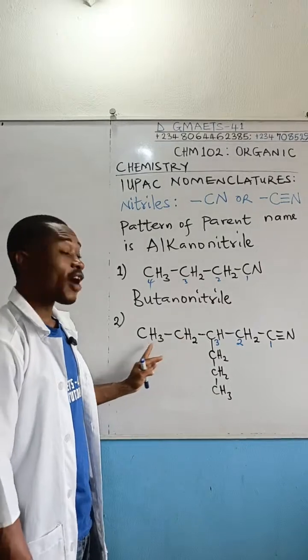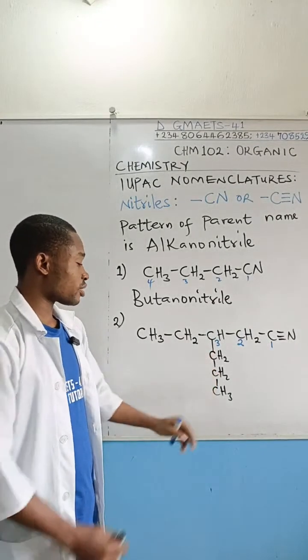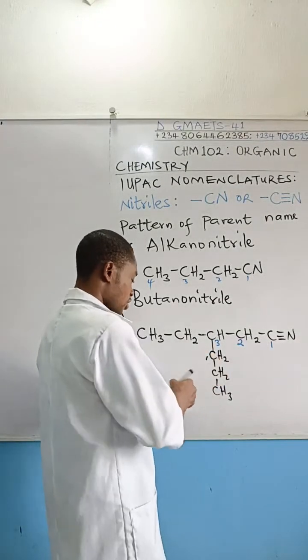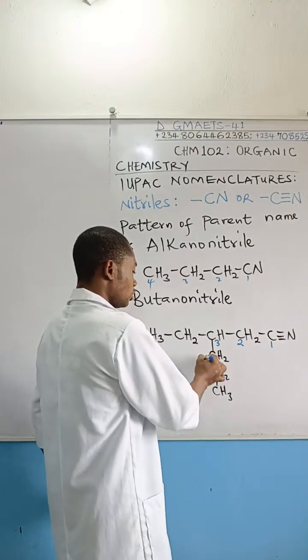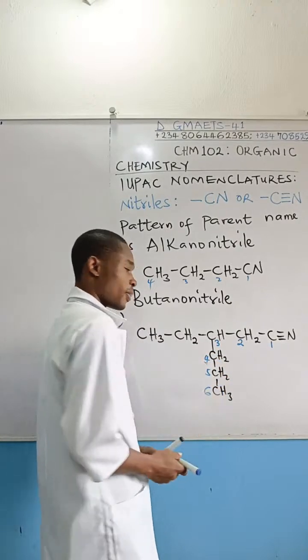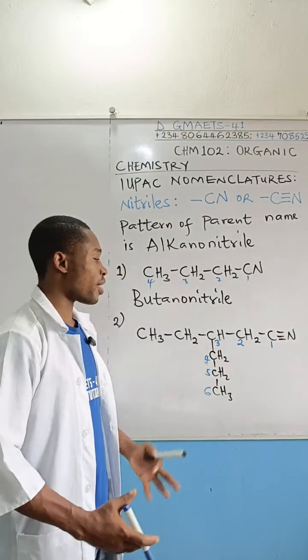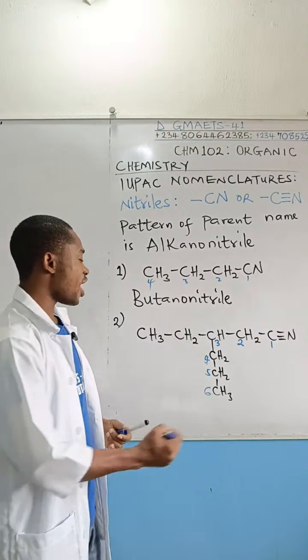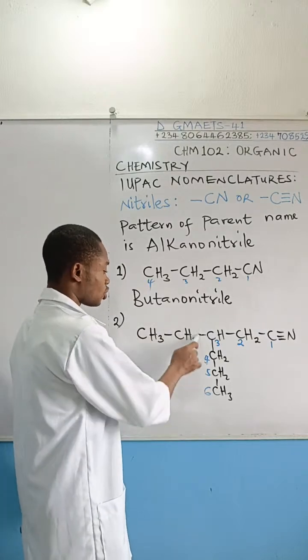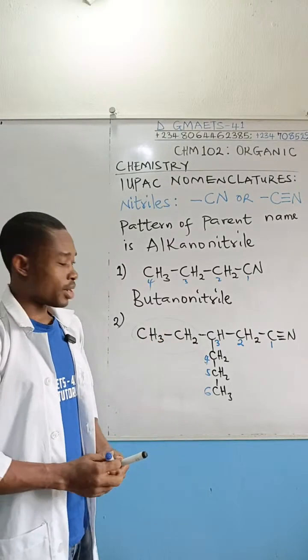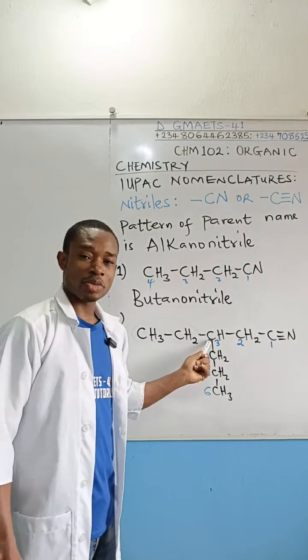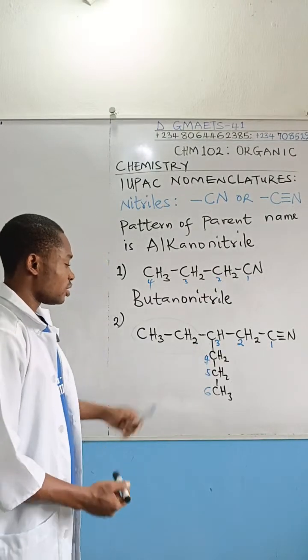This will be 4, 5, and this will be 4, 5, 6. So of course you have to go down 4, 5, and what? 6. The longest chain is 6, which is hexanonitrile as parent name. And then of course we have this as an attachment, a substituent. 2 carbon atoms as attachment on carbon number 3 of the parent. This is ethyl.